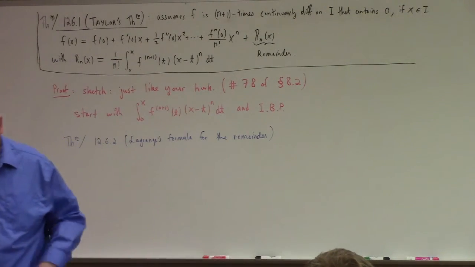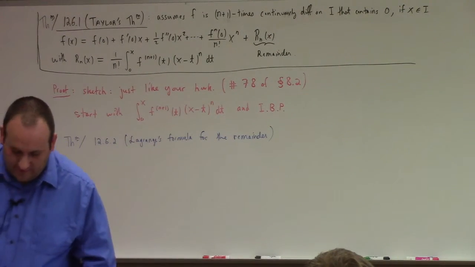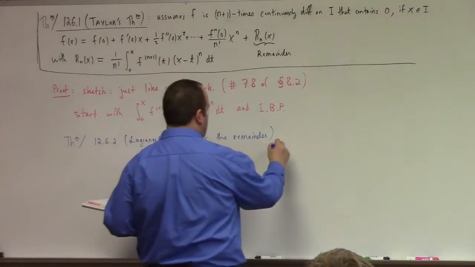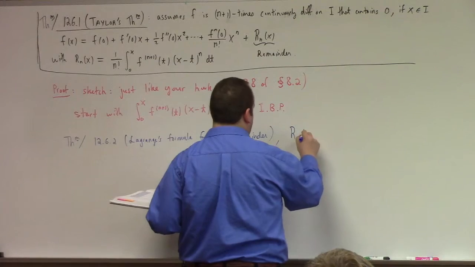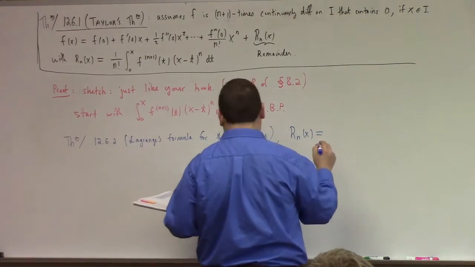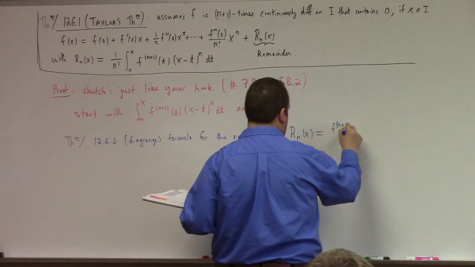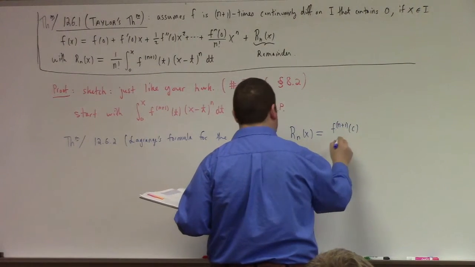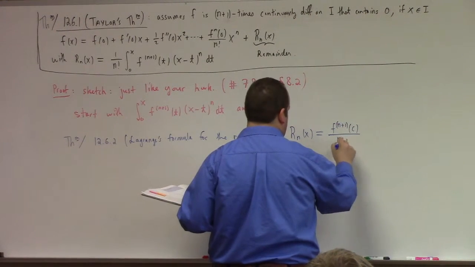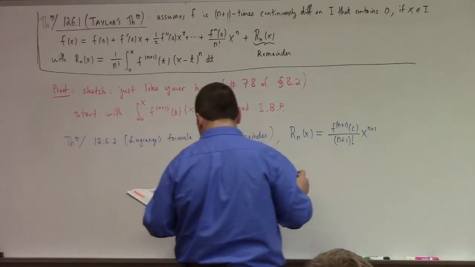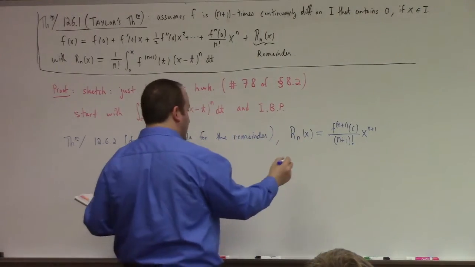Lagrange's formula for the remainder says that, in fact, the Rn of x above can be written as the n plus 1th derivative evaluated at c divided by n plus 1 factorial, times x to the n plus 1, for some c.